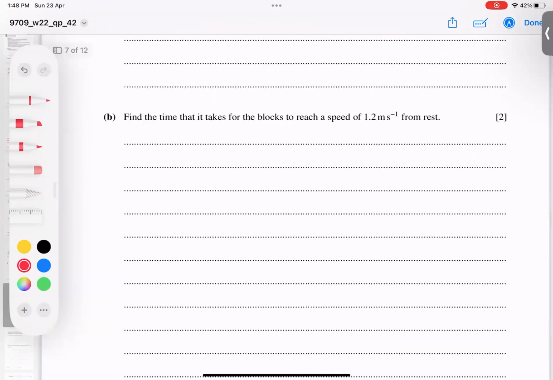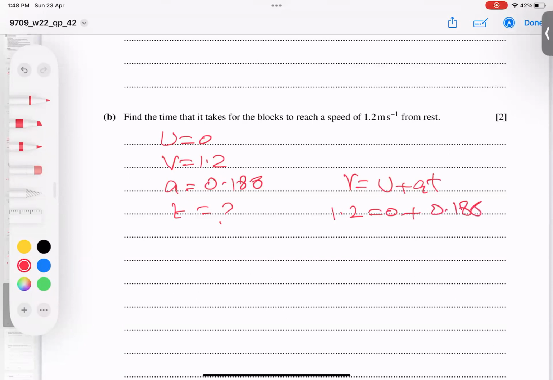Next part is asking to find the time taken for the block to reach the speed of 1.2. So starting from rest, u is 0, last velocity 1.2, acceleration I got just now 0.188, and time is our target. So v equals u plus at, and last velocity 1.2, u is 0, a is 0.188, and t. So this will go down.